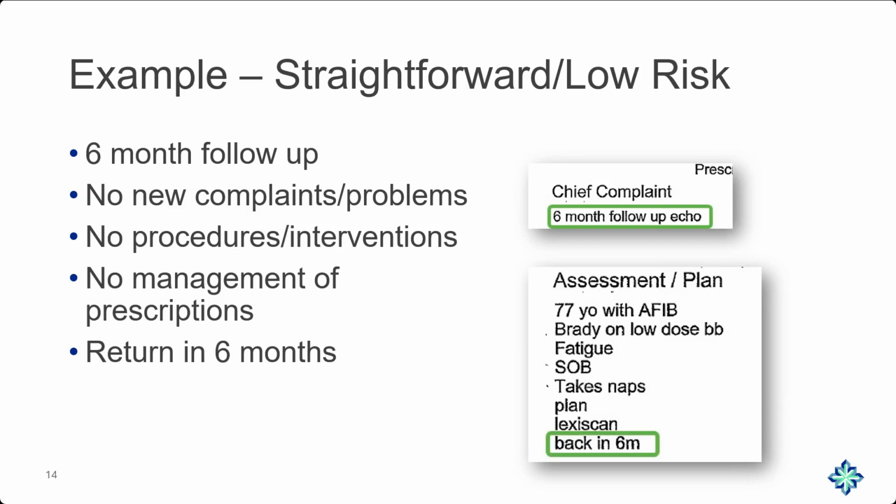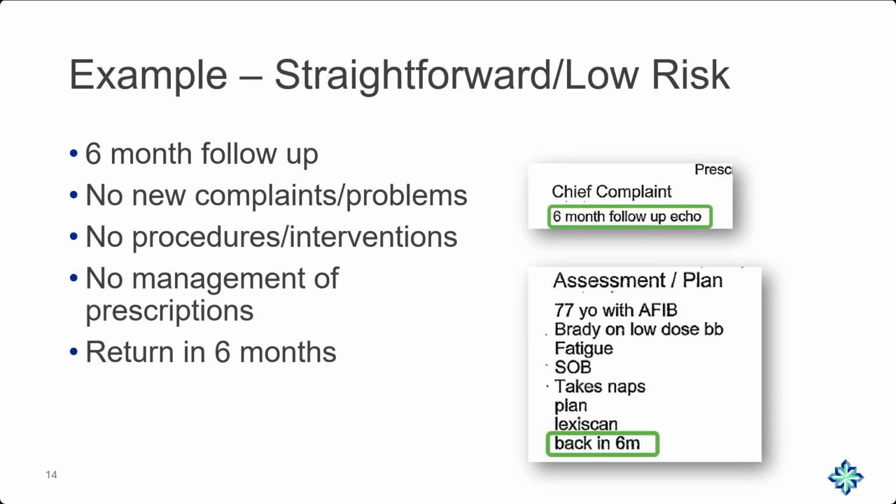So what that looks like, here we have an example of what a straightforward or low risk documentation might look like. In this example, this is documentation for an encounter that is a 6-month follow-up, and they're getting an echocardiogram. They're just checking up.